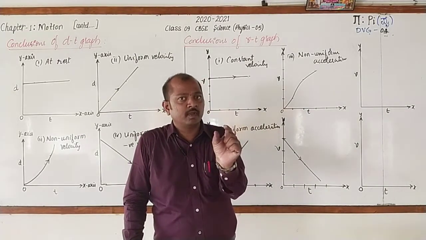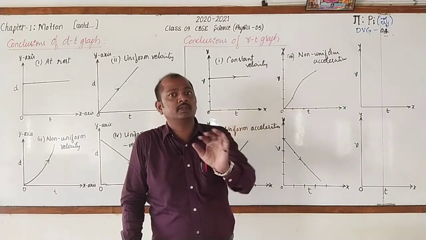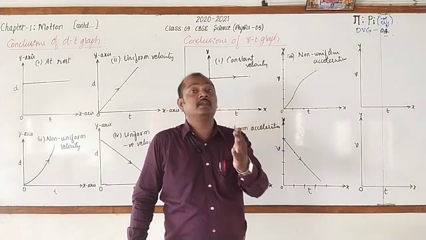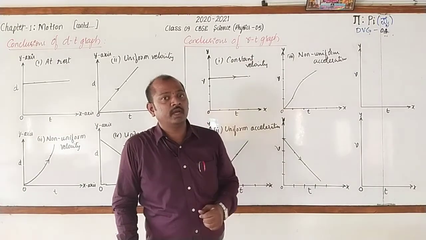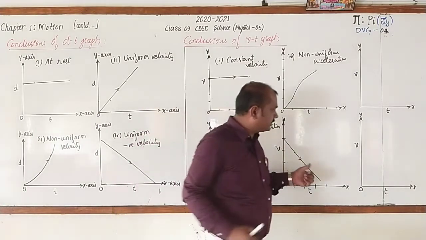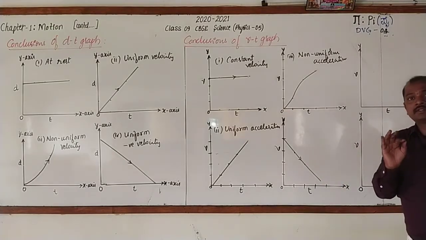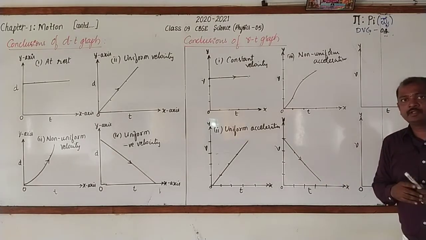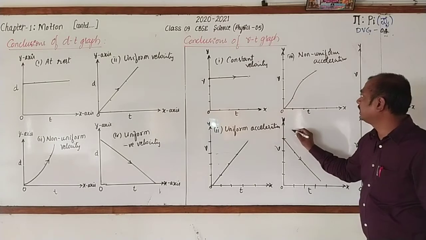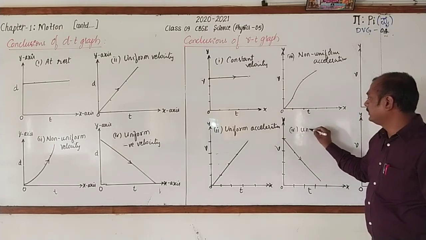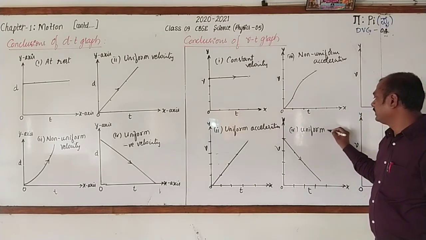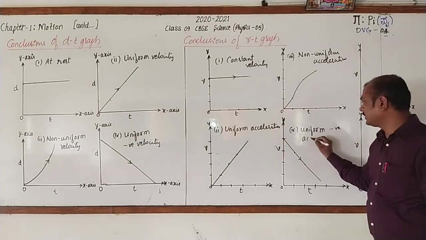If that change in velocity takes place by equal amounts in decreasing form, then it is negative acceleration. Then can we say that it is uniform negative acceleration or deceleration? Yes. Here I'll write fourth one, uniform negative acceleration.